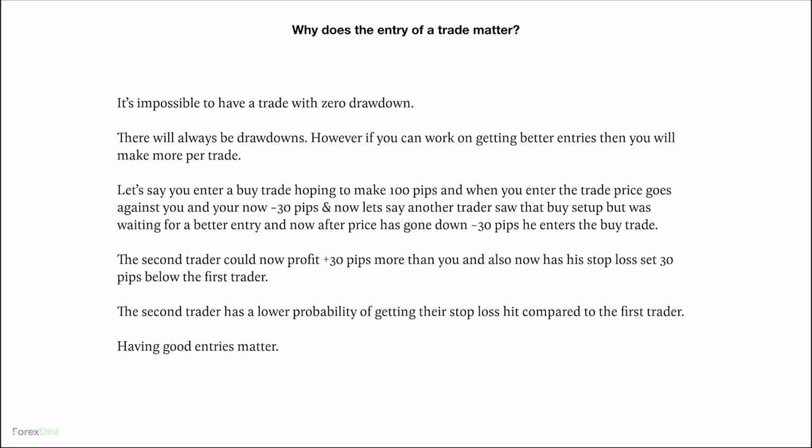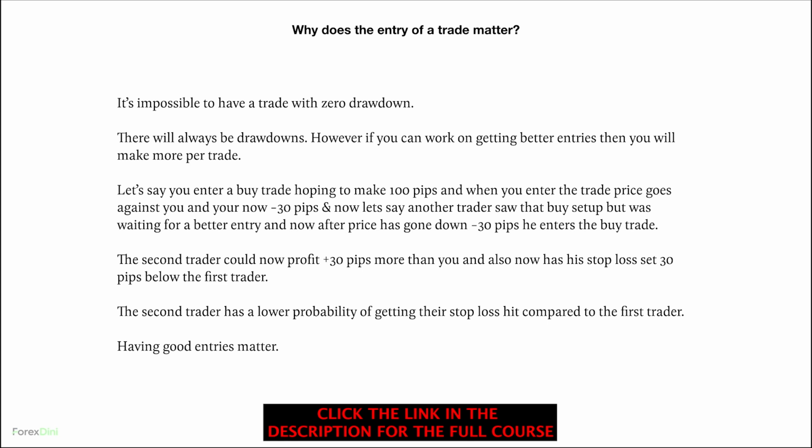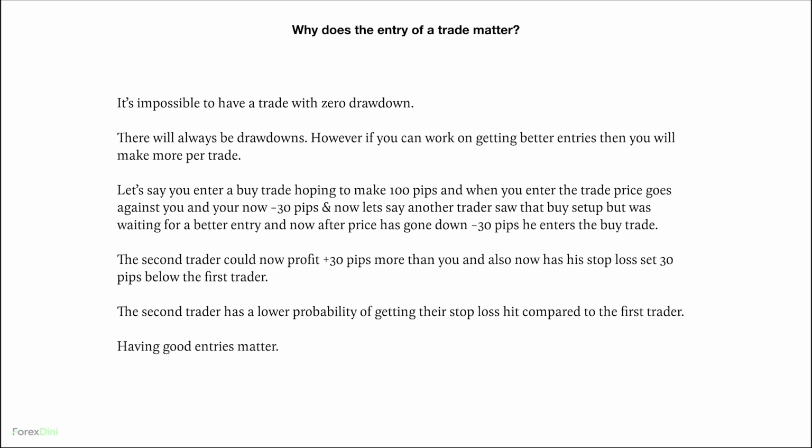Let's say you enter a buy trade hoping to make 100 pips. And when you enter the trade, price goes against you and you're now minus 30 pips. And now let's say another trader saw that same buy setup but was waiting for a better entry, and now after price has gone down minus 30 pips, he enters the buy trade.